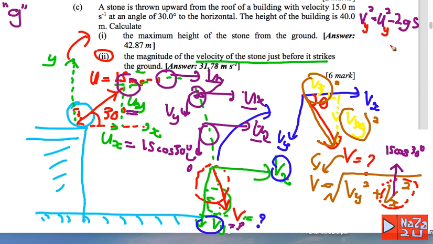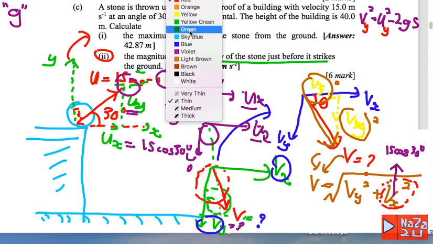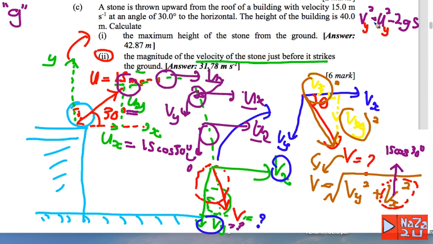Look at the information given by the question: the initial u, already resolved to the y-axis, uy, is 15 sin 30, right? And g is constant, 9.81. So what is the value of s?